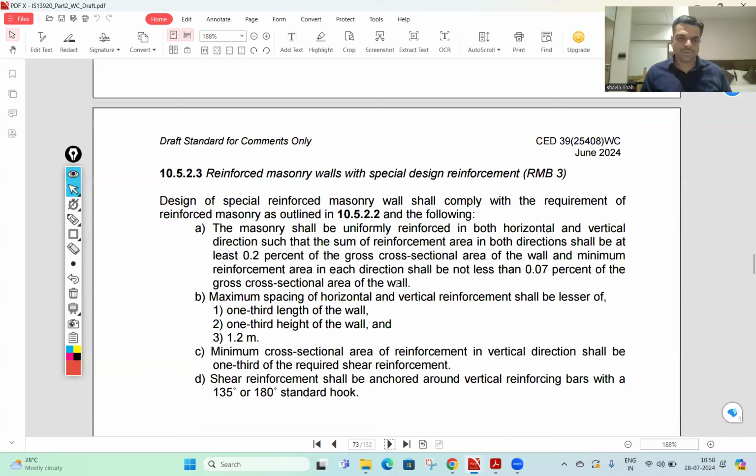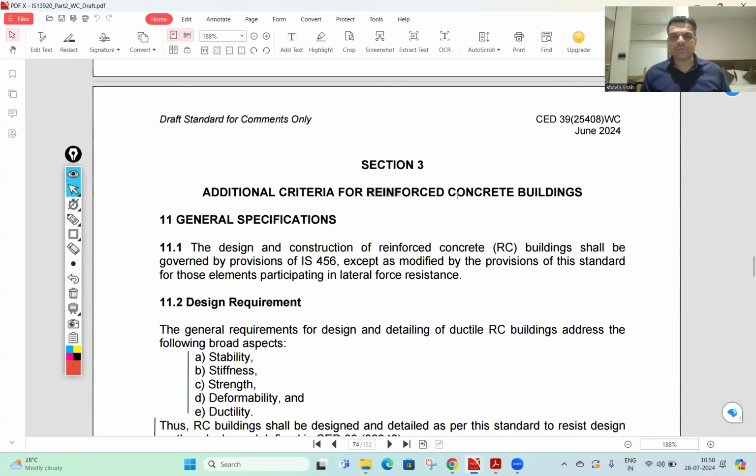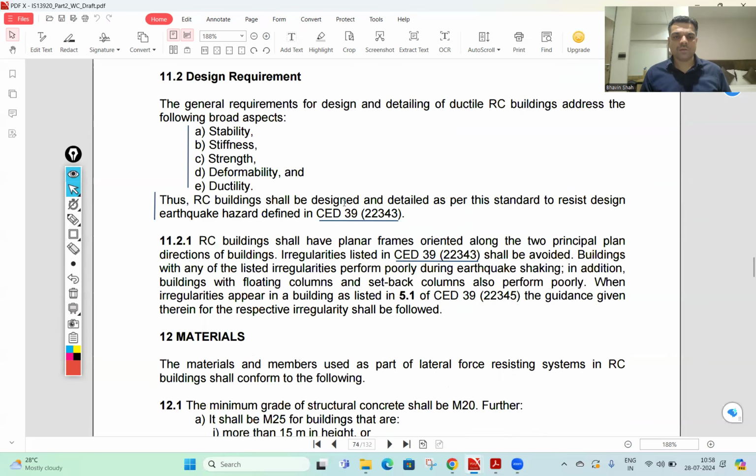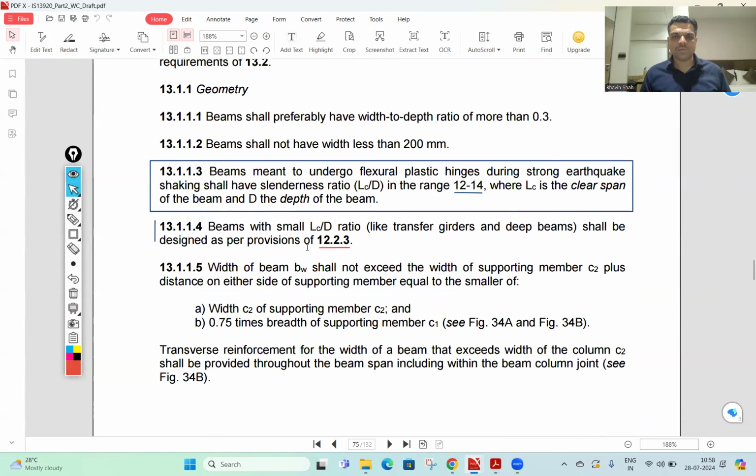Let's start with the requirement for the reinforced concrete buildings. Okay, some of the same provisions are here.